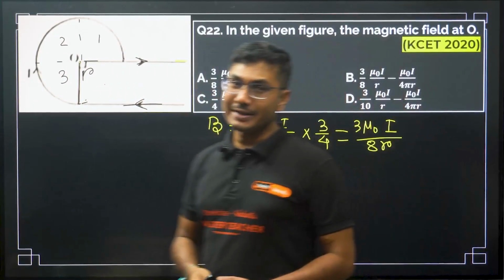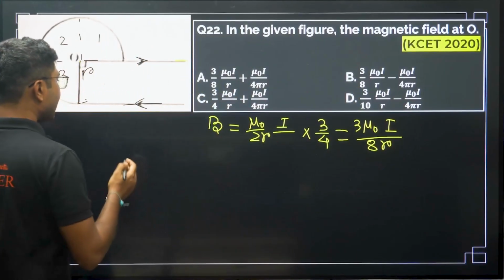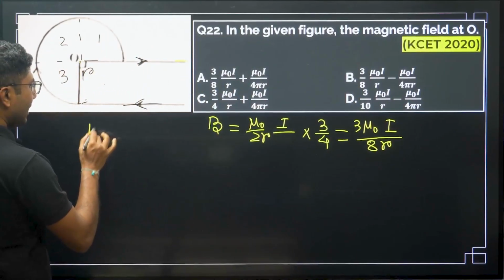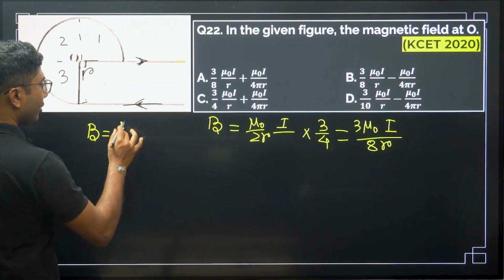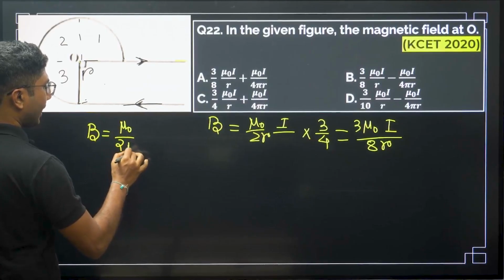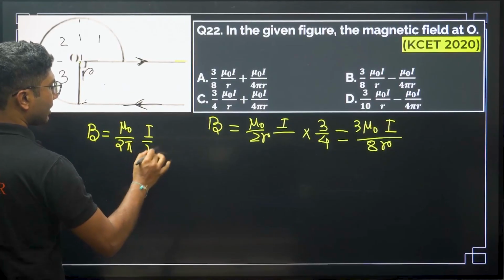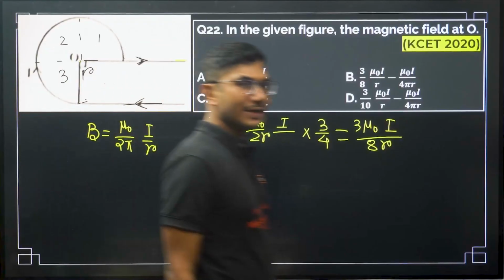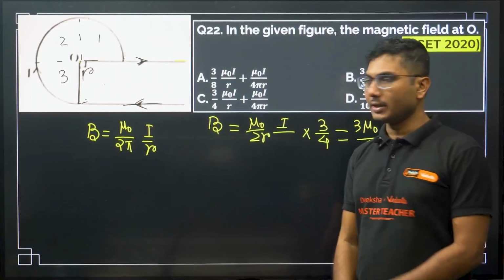Now for an infinitely long current carrying wire, the magnetic field is given by B equals mu naught I by 2 pi r. This is the magnetic field due to an infinitely long current carrying wire.